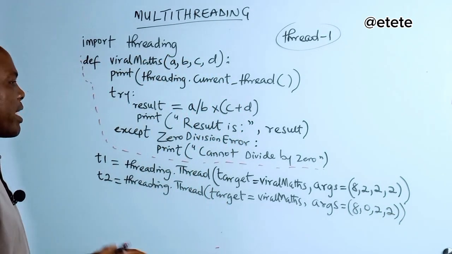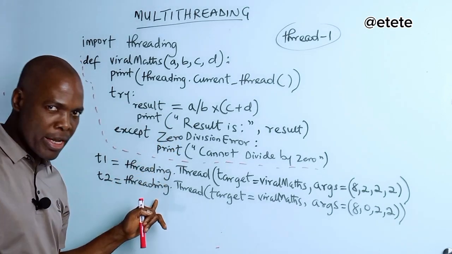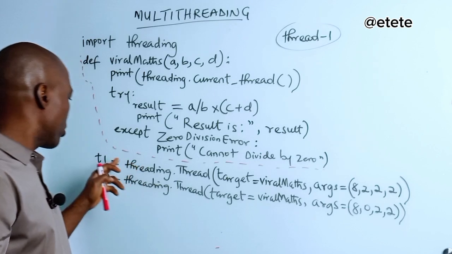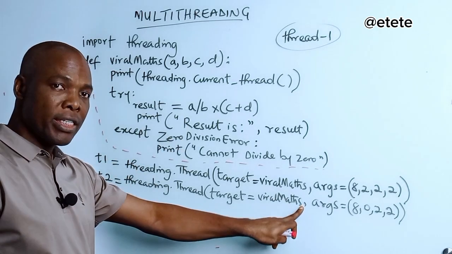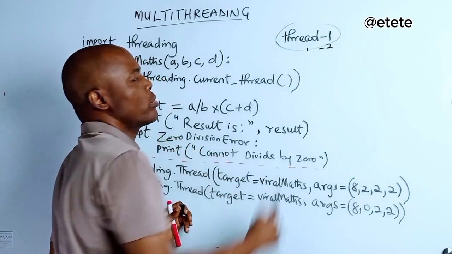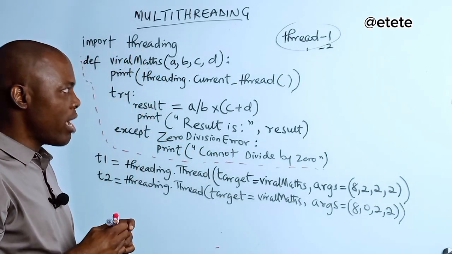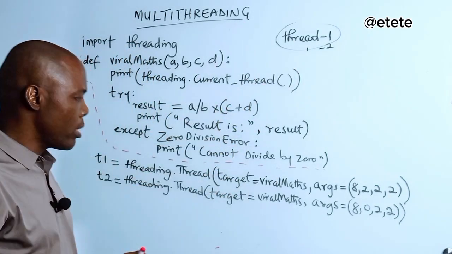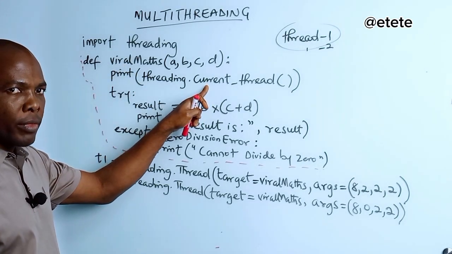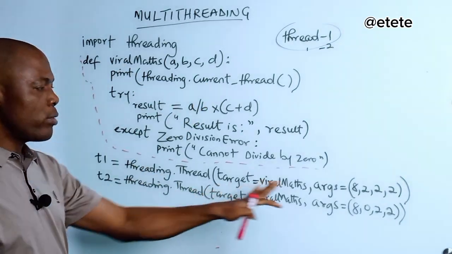Okay, so I've created my second thread. The name of it will be the same thing, but Thread-2. That is what the system will create. So I've created two threads, Thread-1 and Thread-2, and I will see it when I print this out.